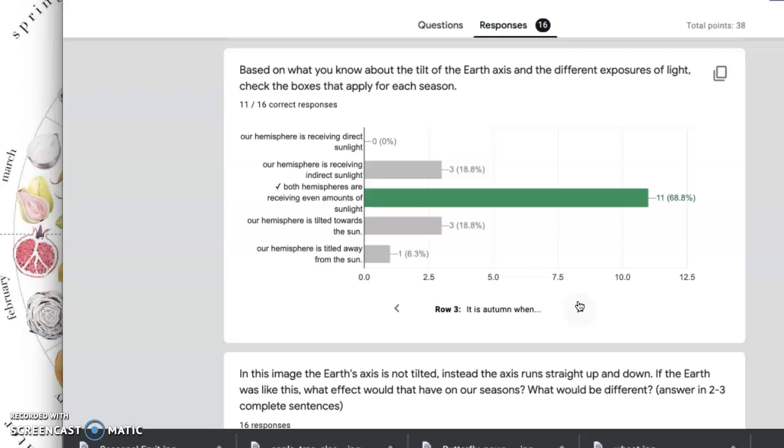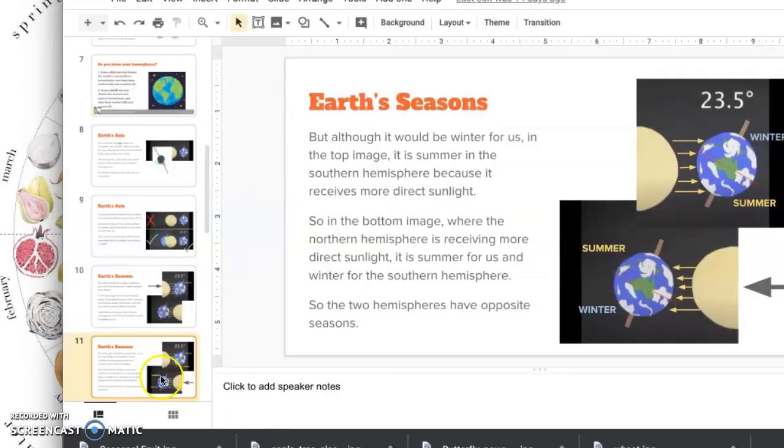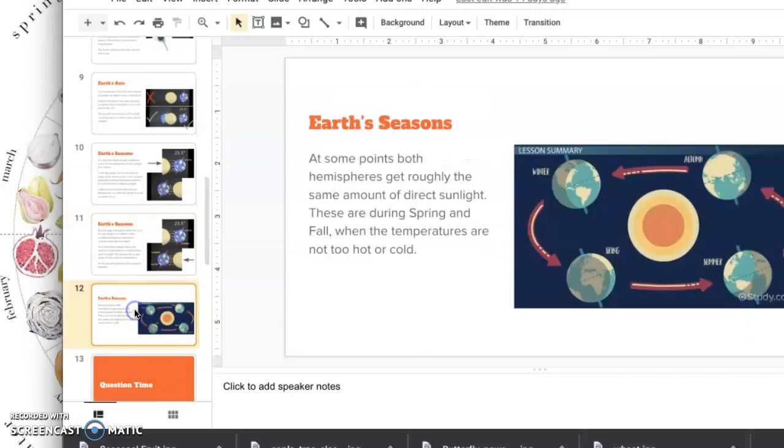Okay, when it is autumn or fall, the correct response for this one was only one box that we needed to check off. Both of the hemispheres are receiving even amounts of sunlight. Go back again to the PowerPoint.